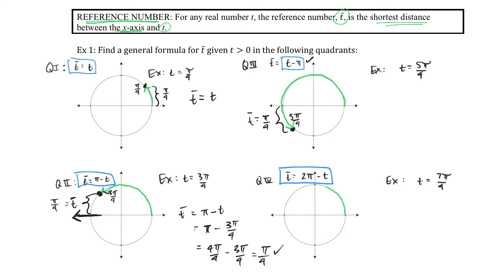Then in quadrant 4, if I've come all the way over to 7 pi over 4, my reference angle is 2 pi minus your angle, 7 pi over 4. So 2 pi would be 8 pi over 4, which gives us a reference of pi over 4.